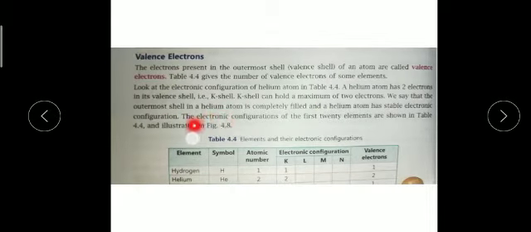It follows the rule of duplet. It has a stable electronic configuration because its one shell, the K shell, is completely filled with 2 electrons, because the K shell has an occupancy of only 2 electrons maximum. Like this, the L shell holds 8, the M shell 18, and then the N shell 32.